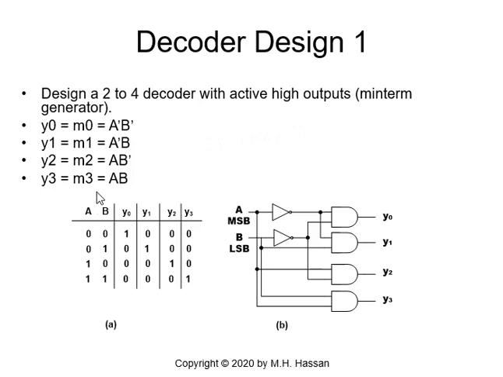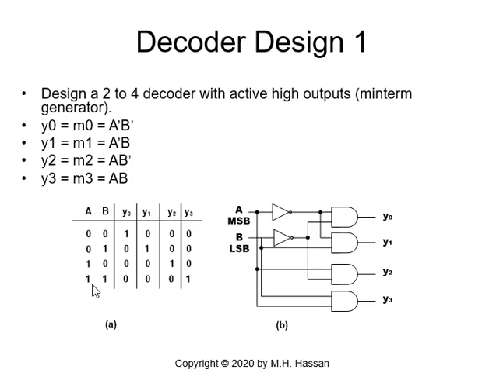So here I will have two inputs in the truth table, A and B, and four outputs, y0, y1, y2, y3. Since they are active high, if I have 0, 0, y0 will become 1, and all the other outputs will be 0 because we will have one active at a time. If I have 0, 1, this is min-term 1, y1 is active, which is 1, and all the others will be zeros. If it is 1, 0, which is min-term 2, y2 equals 1, all the others will be zeros.